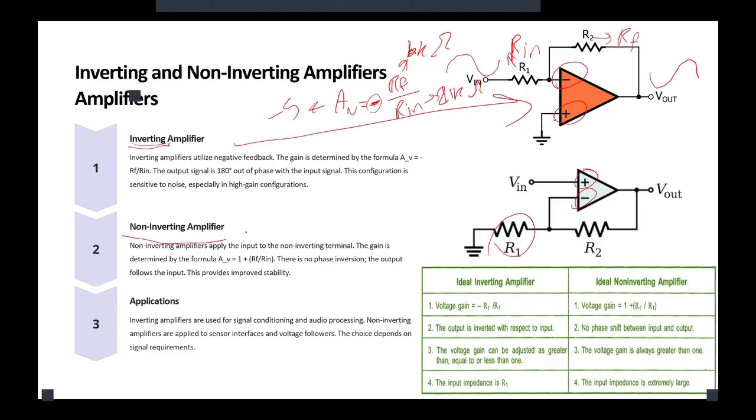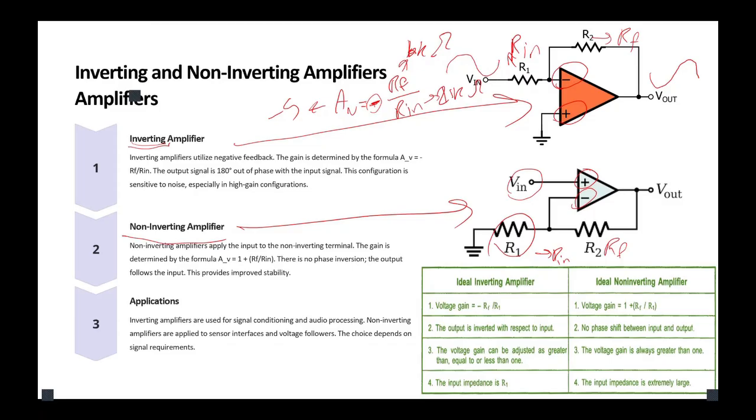Now, here in the amplifier, we call this one RF and this one Rin. You might think, okay, the voltage input is here, so why do we call the one connected to the ground Rin? This is the point: voltage is not a single point parameter, it's not a scalar.